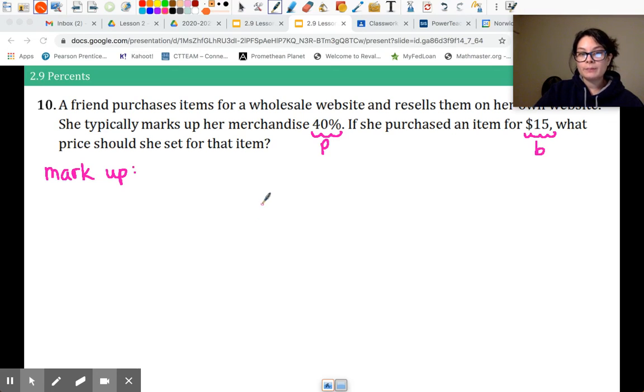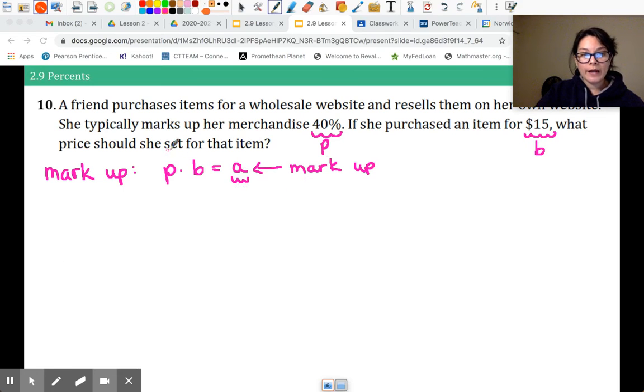The amount of markup is going to be found the same way that we solved all the other percent problems. We can just use our formula, percent times base equals part. The part, just like when we were finding the discount, this was the discount, this is going to be the markup. The part is always going to be either your discount or your markup.